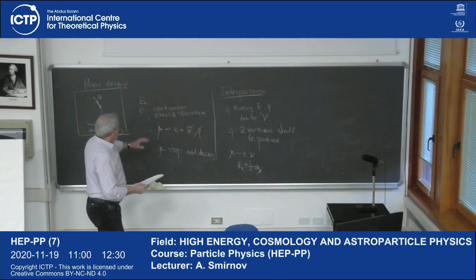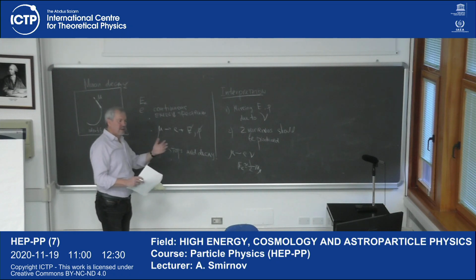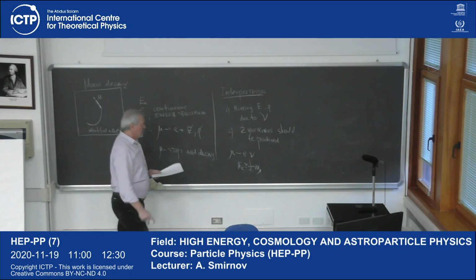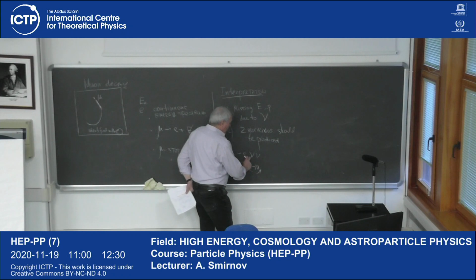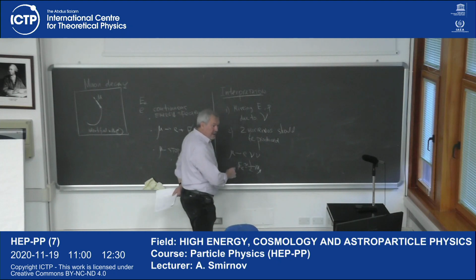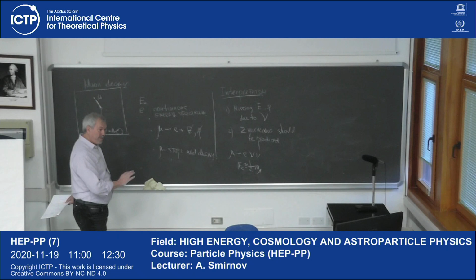The fact that a continuous spectrum has been observed, so the energies of electrons in different events vary substantially, means that you need to introduce some other particle, so that in this case the electron and these particles share the energy, and you can satisfy energy momentum conservation for different values of the electron energy. Clear?